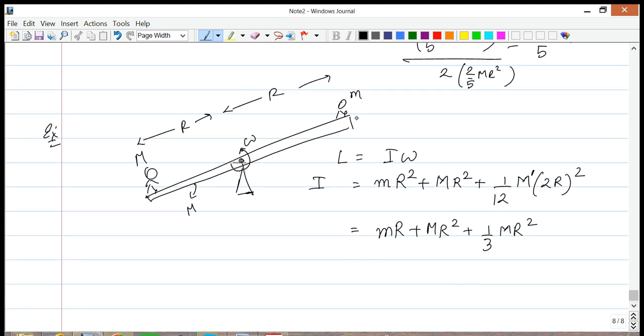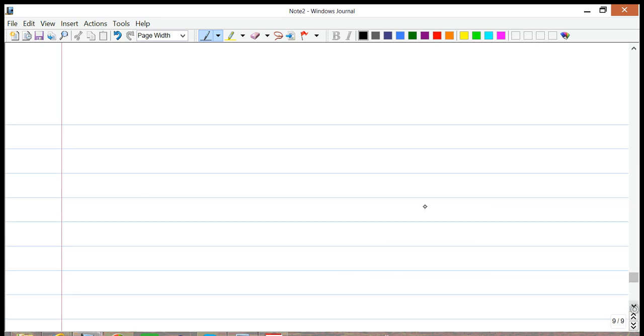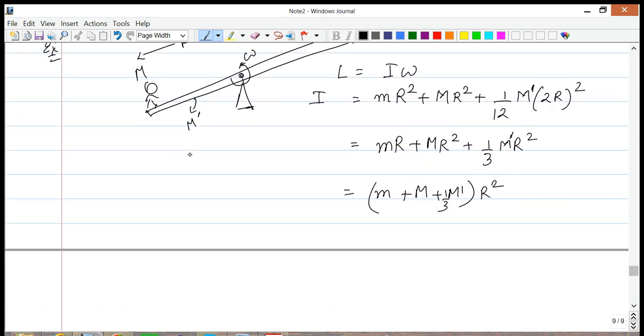We can just call this m prime to separate it from the mass of the dad. And so we get m plus capital M plus 1/3 of m prime, times r square. So this gives us the total moment of inertia, and now we can figure out the total angular momentum. It is equal to m plus capital M plus 1/3 of m prime times r square times omega.